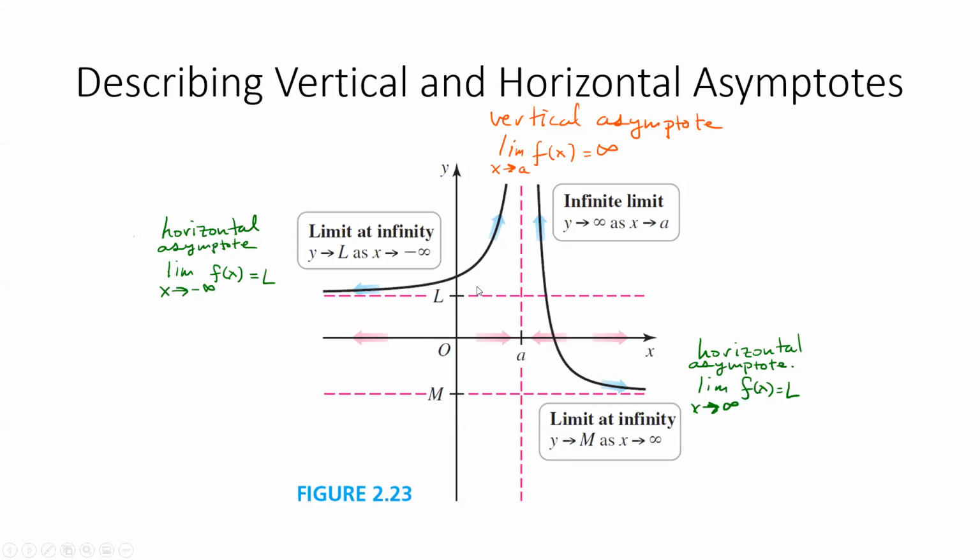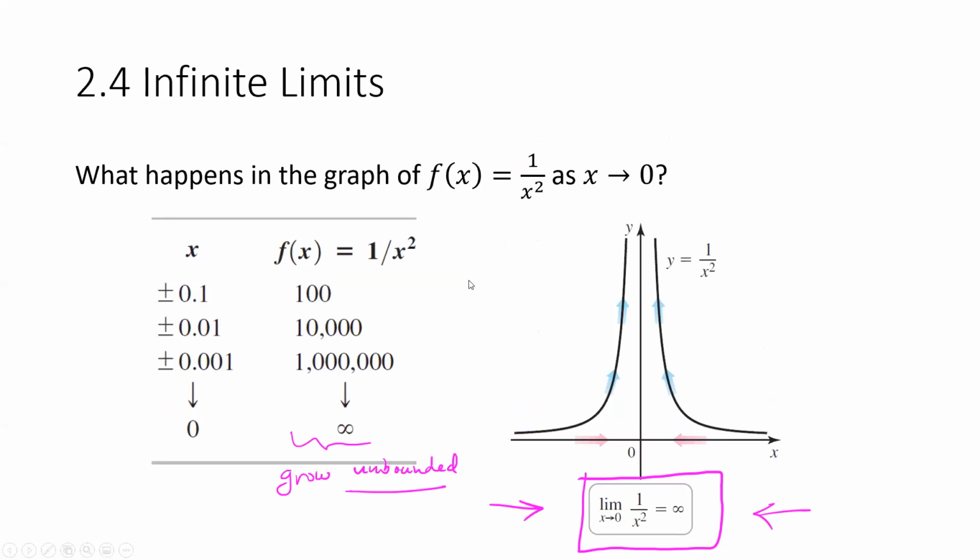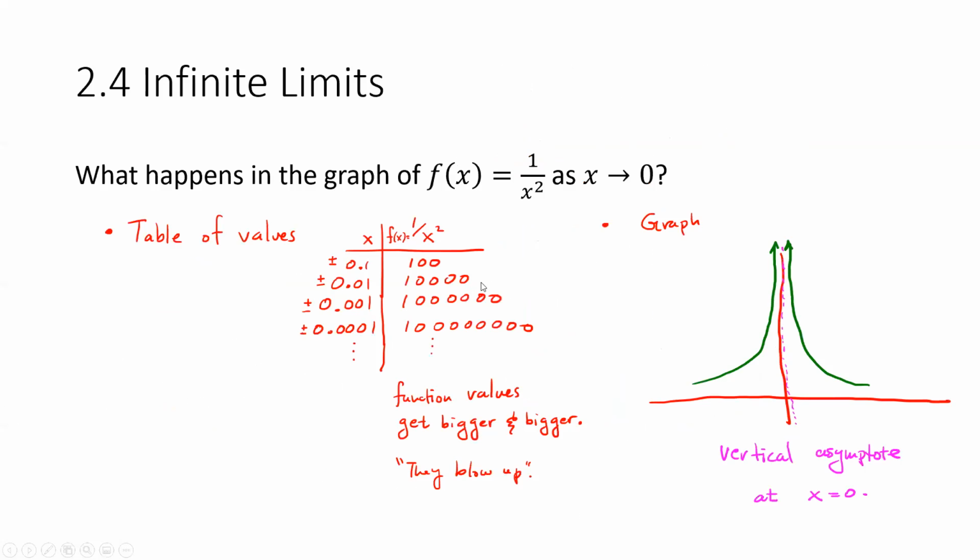We can look for cases like the simpler example we saw previously, let me flip back a few slides. Notice that what made this function blow up was the fact that the numerator was some non-zero value, but the denominator was getting closer and closer to 0.